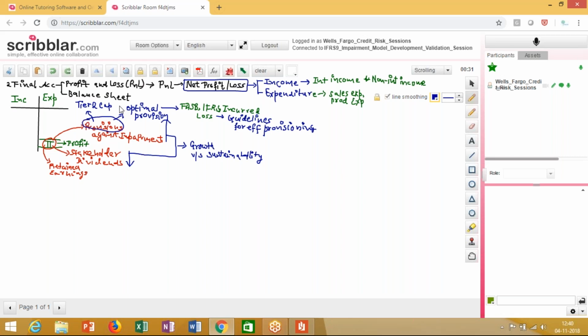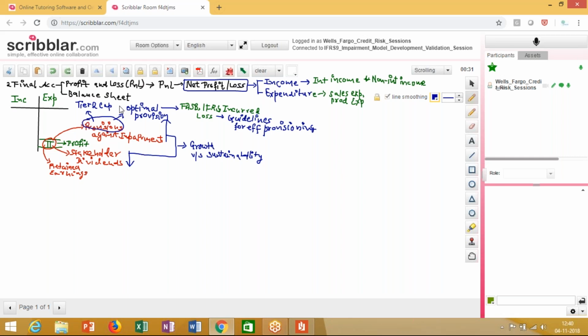What the Federal Reserve does is use Basel as a reference framework. They feel that of all the frameworks, Basel is an effective framework which can help them ensure capital adequacy for their banks.